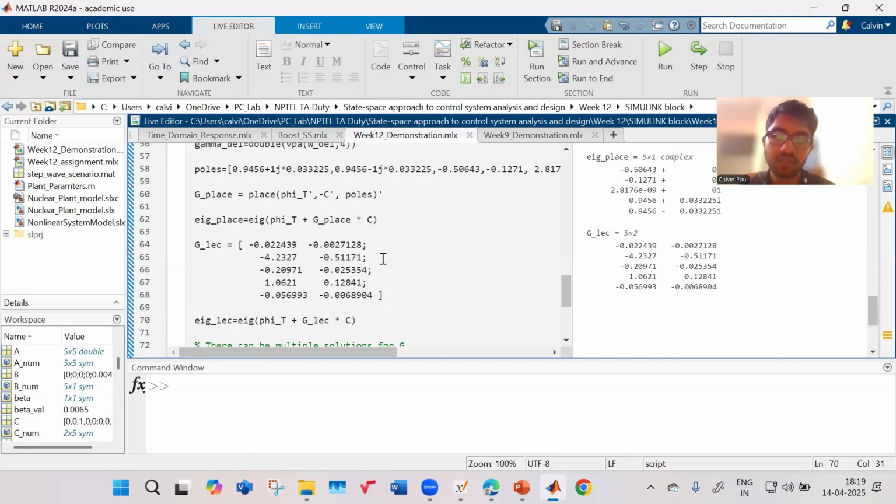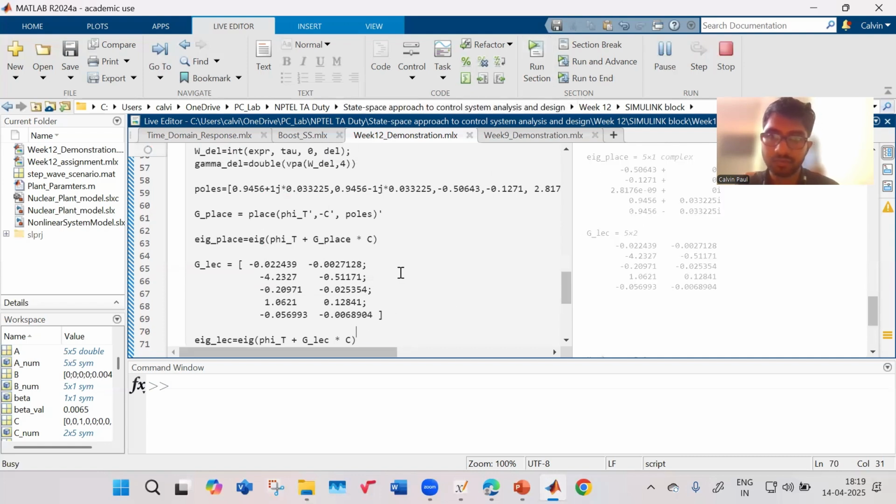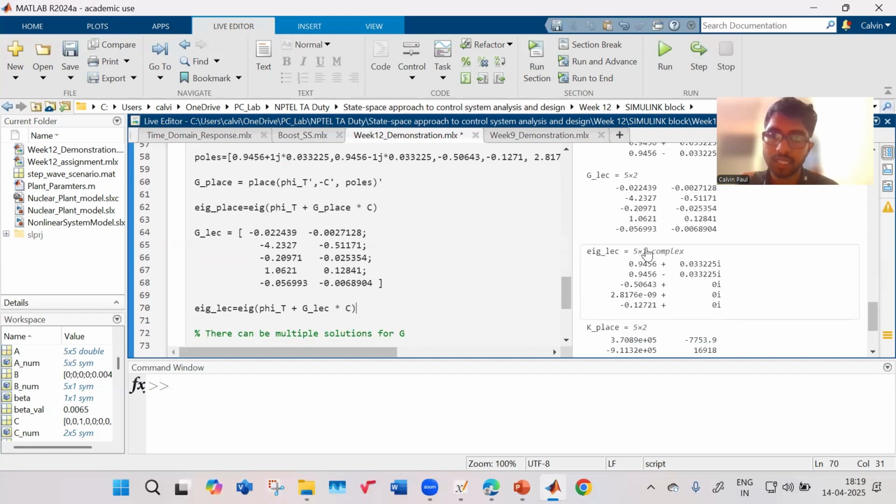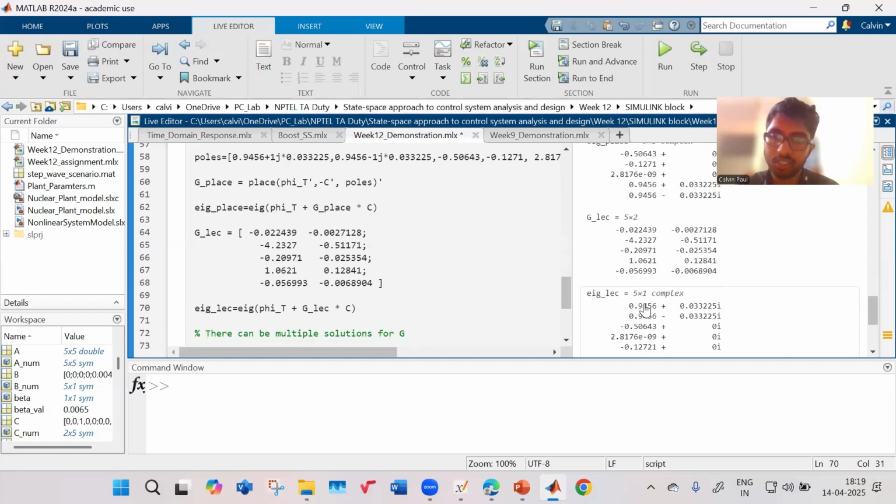So I've used this G_lecture as the gains which Sir has got. And now I am checking the eigenvalues for what Sir has considered. So let me run this section again. When I run it, I get the same poles: 0.9456 plus minus 0.03325j, then minus 0.50643, which is the same, then 2.8176 times 10 to the power minus 9, which is the same, and minus 0.1271.